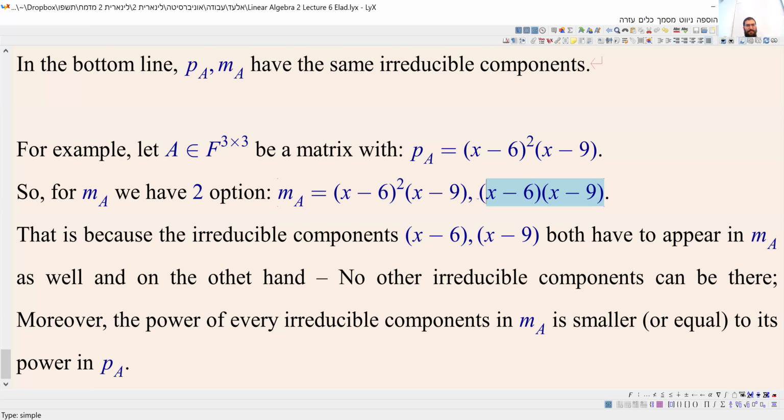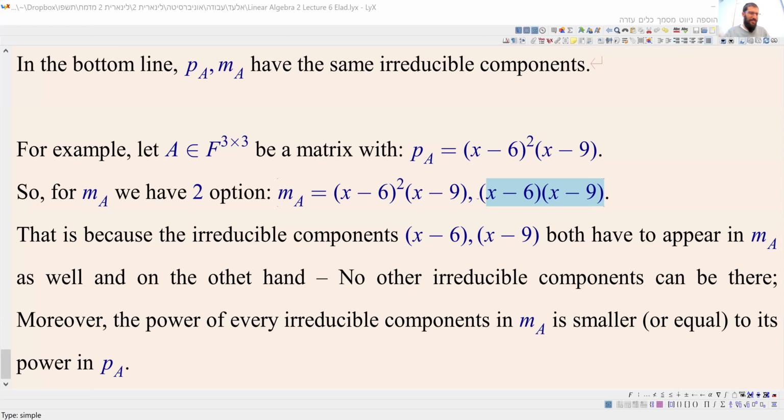So when you have a specific matrix, one can calculate the minimal polynomial in that way: finding the options for the minimal polynomial using the characteristic one, and then trying, and maybe having some failures along the way.